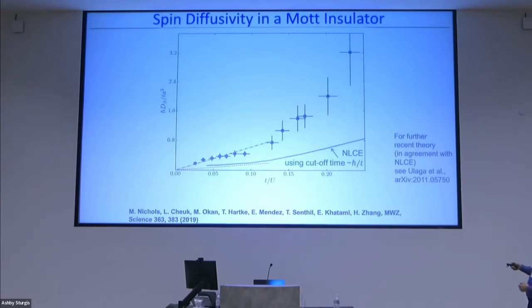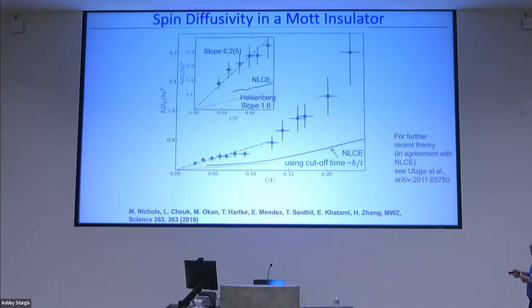And it turns out, at low temperatures, at small tunneling, so in the atomic limit, you expect a Heisenberg kind of propagation, which would give you a linear diffusivity versus U, where the diffusivity has units of h/m.